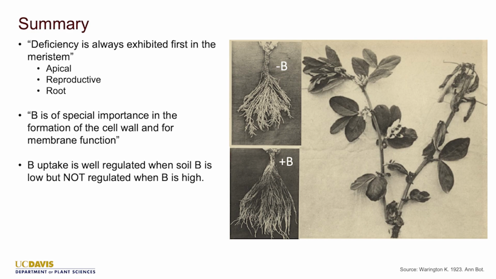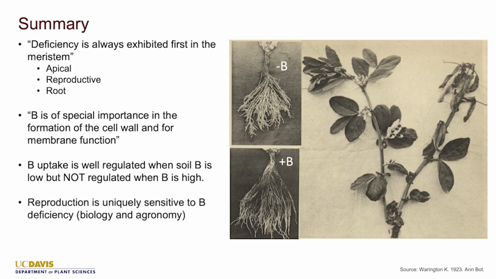Fourth point that she didn't mention is that reproduction has a far greater and unique sensitivity to boron deficiency than almost any other phase of plant growth and development. It's a combination of the biology of flowering and the movement of boron and the rate of growth, but it is also a consequence of agronomy. Will there be boron in the environment during the reproductive phase?